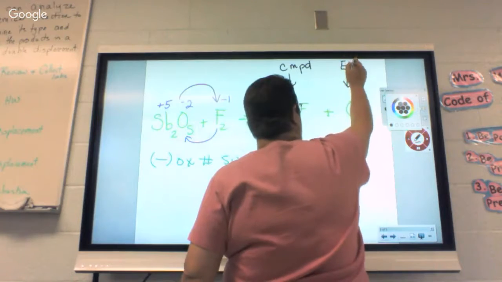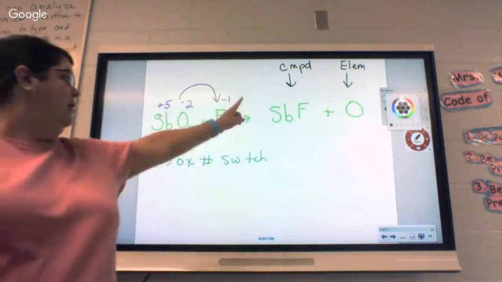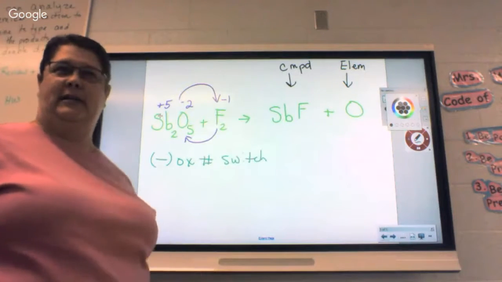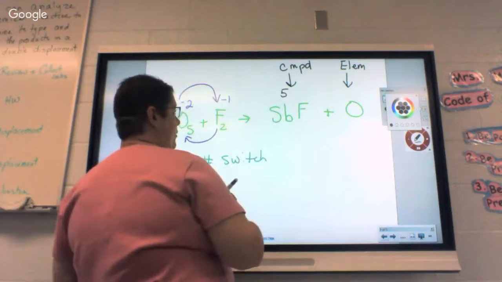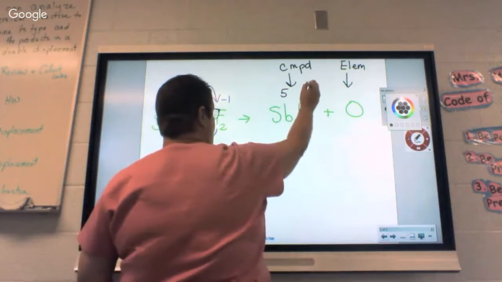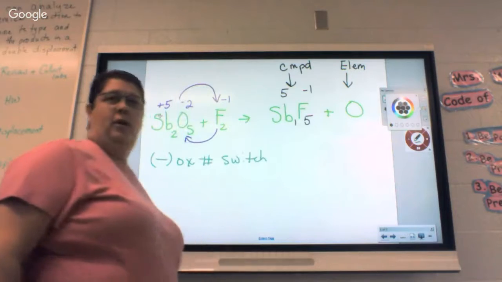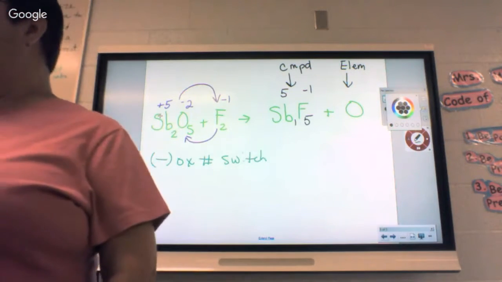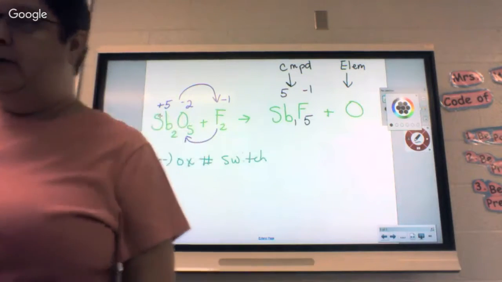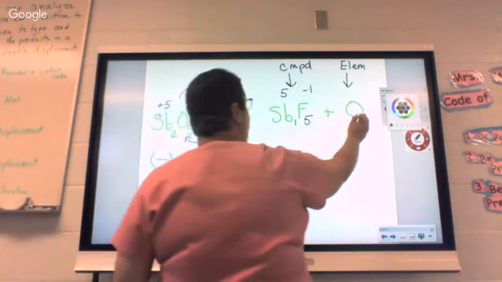This is an element, just like you did over the weekend. Compound: what's Sb's oxidation number? 5. What's fluorine's oxidation number? -1. 5 comes down, 1 comes down. O is an element. We don't put anything on it unless it's one of the 7. Is it one of the 7? Then you put a 2 on.